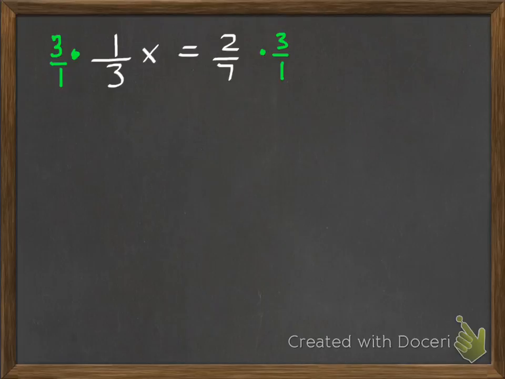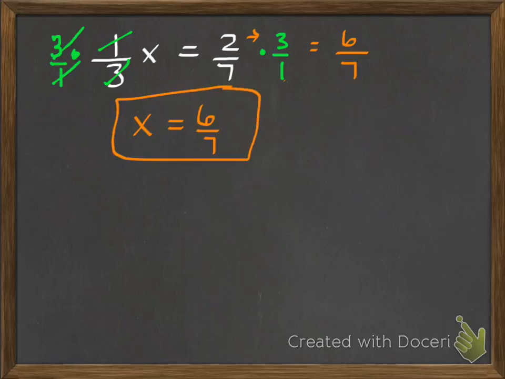Then we cross simplify all of this, and you're left with X over here equals 2 times 3, notice we get the 2 times 3 right here, that gives us 6. 7 times 1 gives us 7. So our final answer here would be X equals 6/7. That's all there is to it. Just multiply each side by the reciprocal of the number that's attached to the variable.